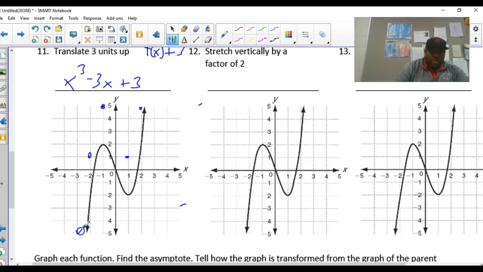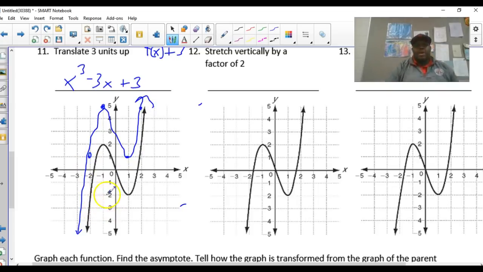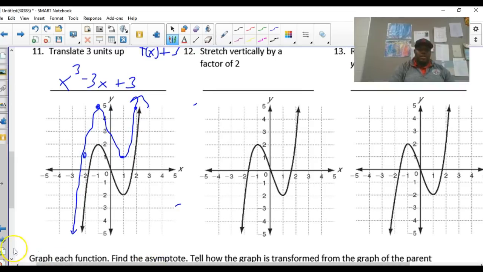Guys, bear with me because I am not the best at drawing these graphs. All right, there we go. So that's my rendition of this graph. Just move it up 3. Oh, you know what I forgot? There we go. That's the right answer, okay?